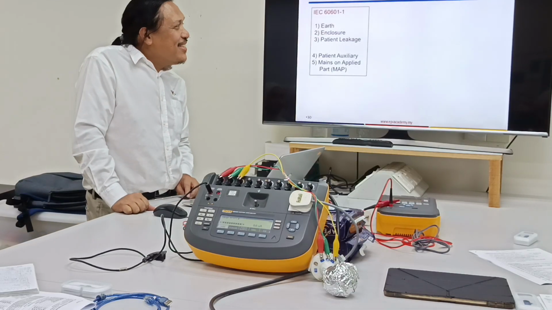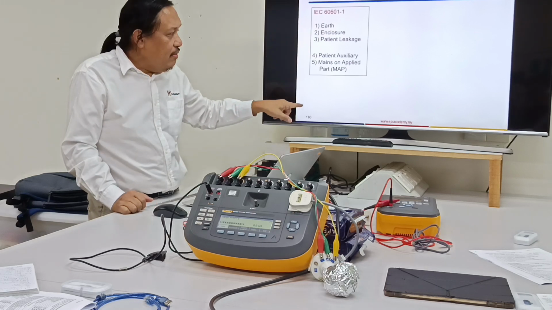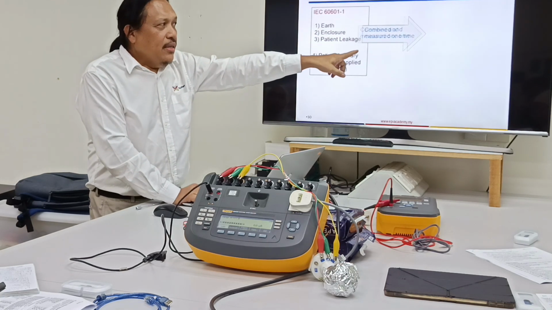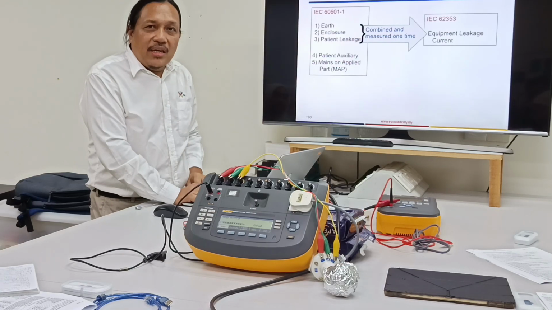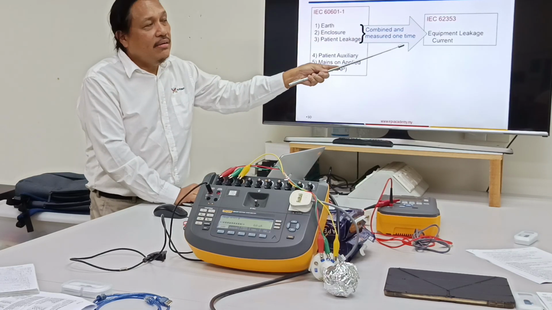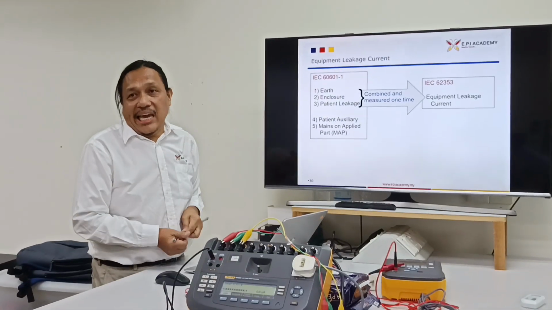Under the 60601 standard, these are the leakages. Under 60353, there's only one leakage, it's called equipment leakage, which is all of this combined and measured one time.